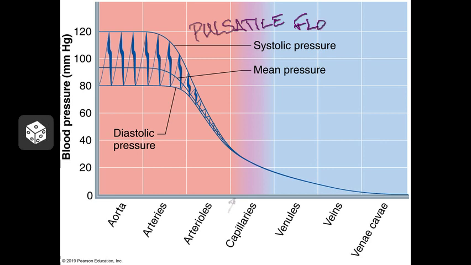That means that there is a pulse. There is a difference between systolic and diastolic pressure. And you can see here 120 is our highest pressure. When the blood finally returns towards the heart and is in the vena cava, the pressure is nearly or at 0.